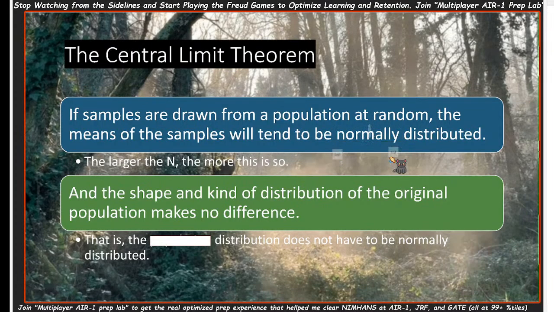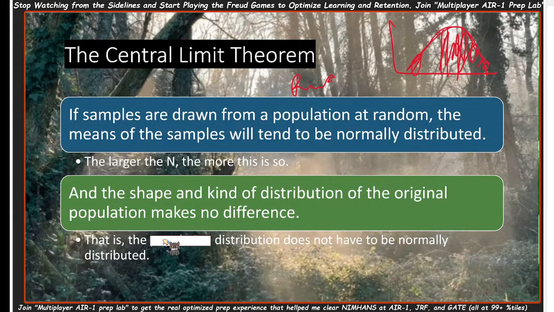If you draw a larger sample, the more likely it will become normally distributed, because the more you draw samples using random selection, more and more scores will be around the mean, which is similar to the population, and very few scores will be extreme scores, and over time it becomes symmetrical and mesokurtic. So this is what the central limit theorem says. The larger the sample size, the more likely your sample approaches the normal curve.